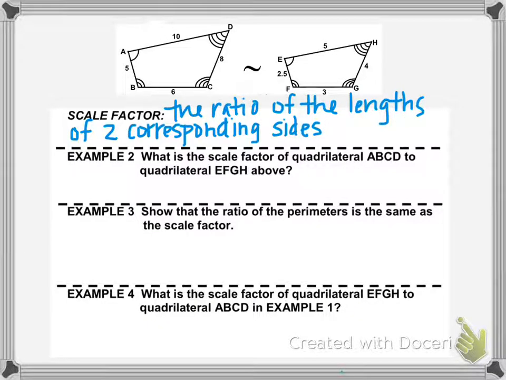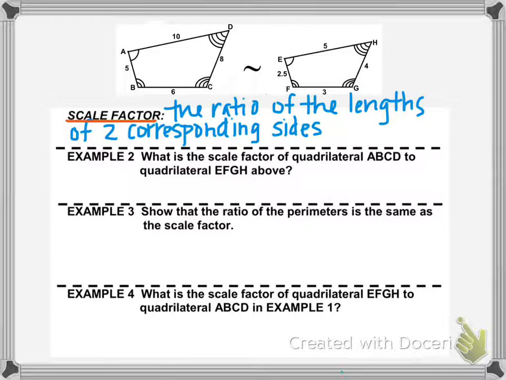The other term we need to talk about is scale factor, and you may remember this one from 8th grade or 7th grade. And we actually showed you some scale factors on the previous example, but it's the ratio of the lengths of two corresponding sides. So if you take two sides that correspond, you make a fraction with it, boom, that's your scale factor. Now, depending on how the question's asked, there's two ways to set up the scale factor.